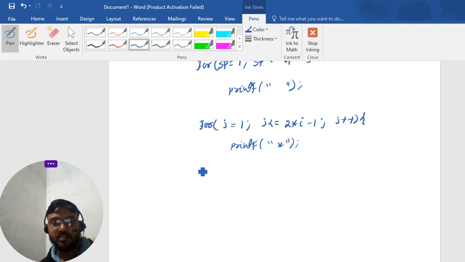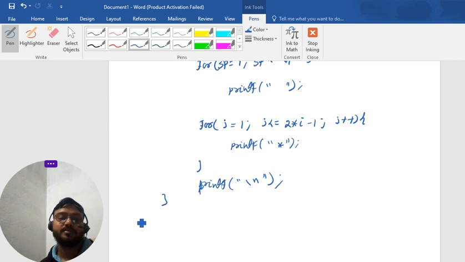Okay, once I print the star, what I need to have is printf slash n, end of the for, end of the function.